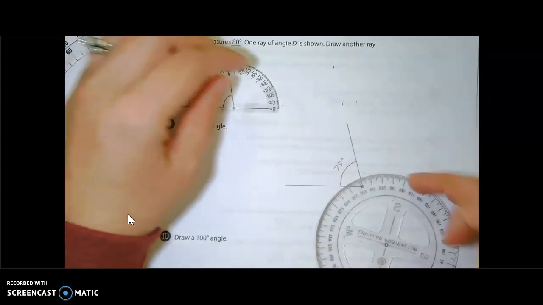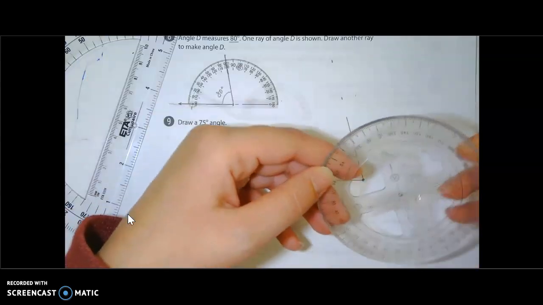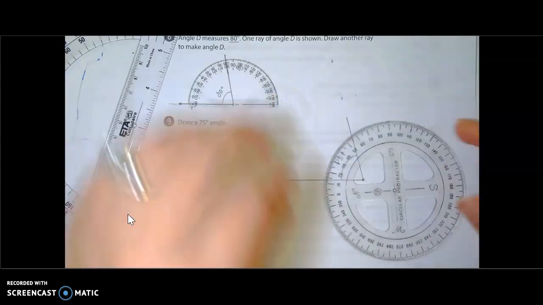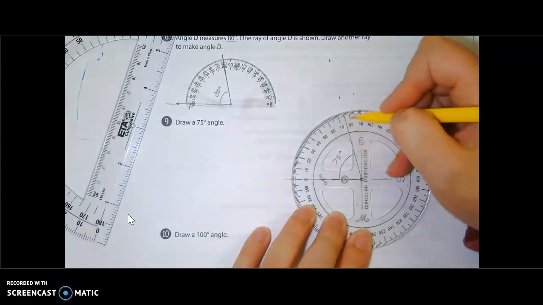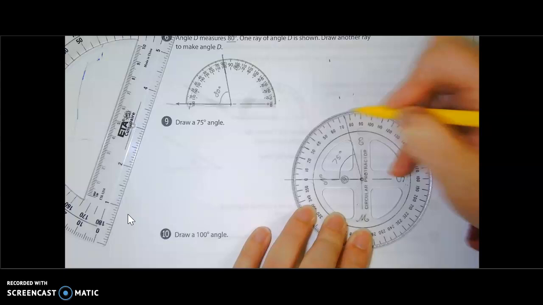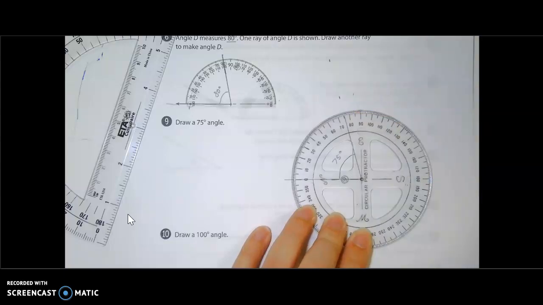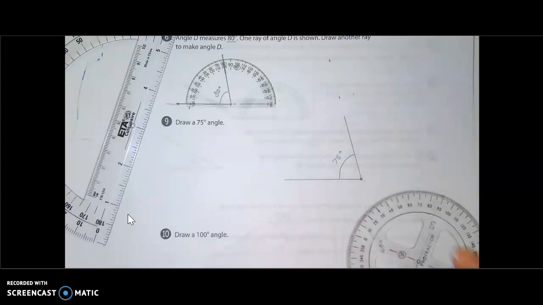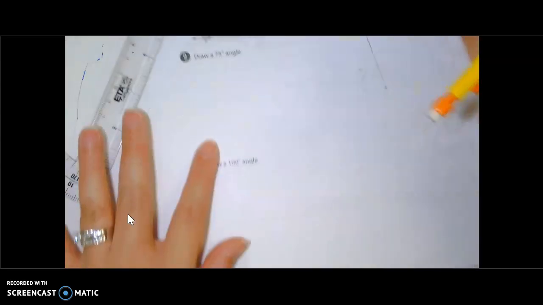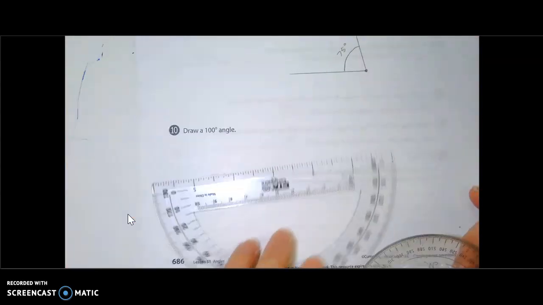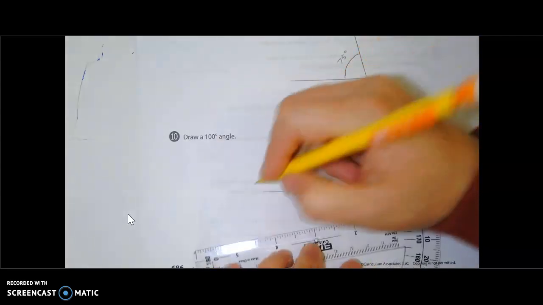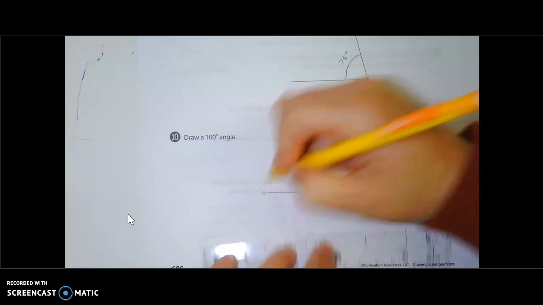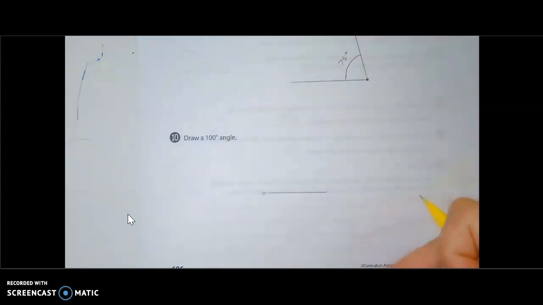And it does not matter which protractor you are using. So if I take this 0 protractor, line it up, notice we are at the 75-degree mark. Okay? Alright, using the circle protractor, I'm going to use the other one for my straight edge. Draw a line, draw a circle, or an endpoint, doesn't matter where.